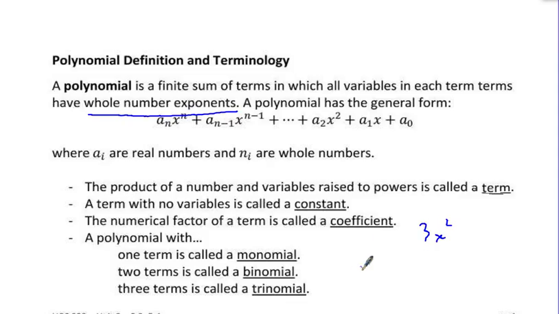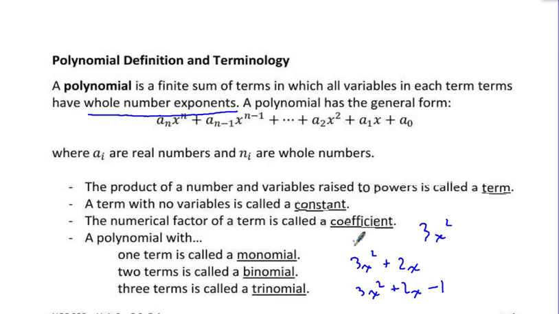A binomial would have two terms, so 3x squared plus 2x, that would be a binomial. And a trinomial has three terms, so 3x squared plus 2x minus 1. In this case, minus 1, that term is the constant because there is not a variable part.